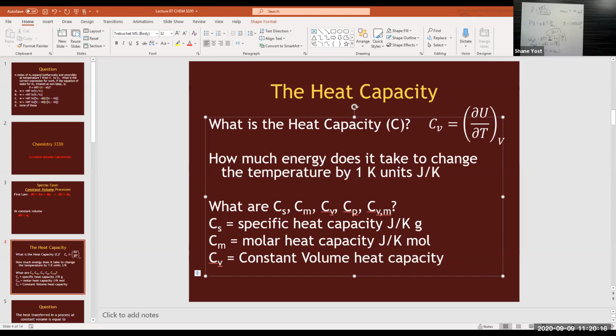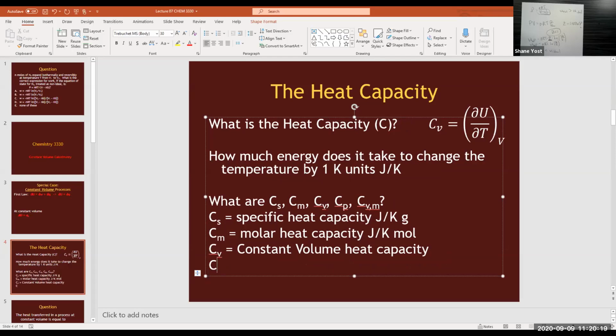And I guess CP here is the constant pressure heat capacity, right? And this is more relevant for gases, right? For solids and liquids, constant volume, constant pressure, heat capacity is just the heat capacity. Okay? There's not really a difference between a liquid or a solid being at constant volume or constant pressure, right? And so CV and CP are mainly used for gases, right? The heat capacity under a constant volume is different from the heat capacity under constant pressure, okay?